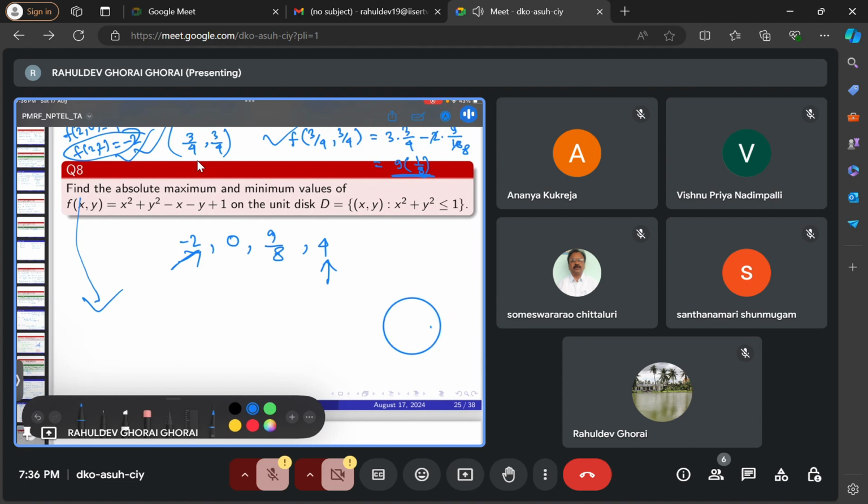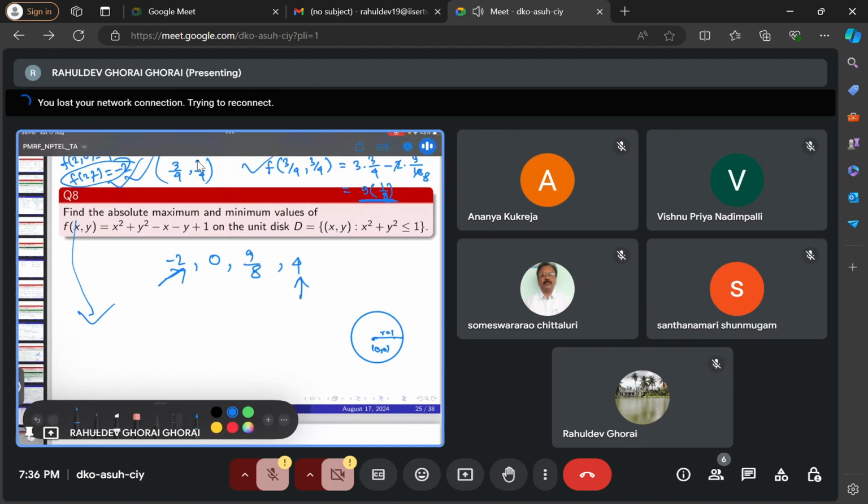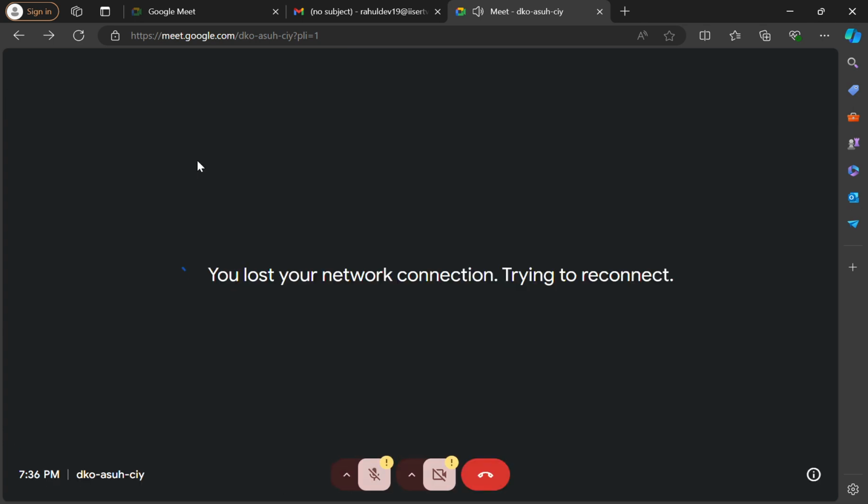So in this, x square plus y square is equal to 1. So then you find out in this domain the local maxima or minima of this function. Can you please try? I will write x square plus y square minus xy.